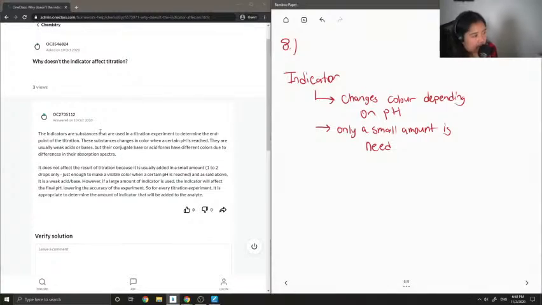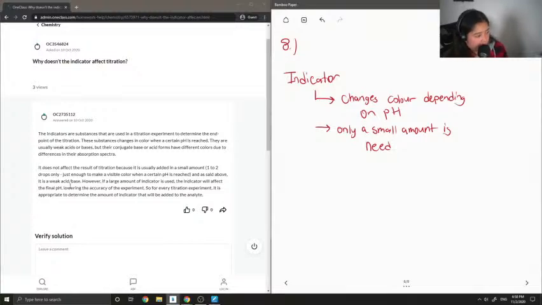Indicators are substances that are used in a titration experiment to determine the endpoint of the titration. These substances change color when a certain pH is reached. There are usually weak acids or bases, but their conjugate bases or acid forms have different colors due to differences in their absorption spectra. It does not affect the result of titration because it is usually added in small amount, 1 to 2 drops only, just enough to make a visible color when a certain pH is reached.